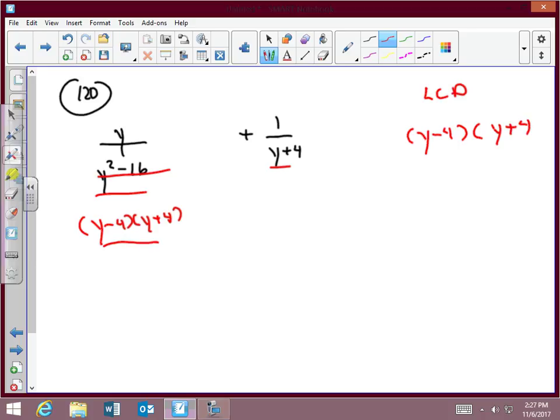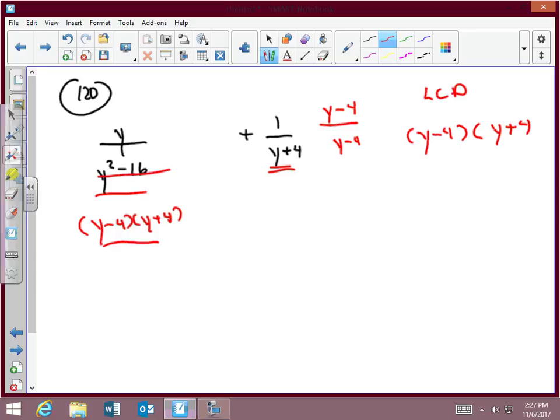Now, do I have to do anything with this denominator? It has y minus 4, y plus 4 in it. Do I have to do anything with this one? What do I have to do? You have to multiply it by y minus 4? Actually, y minus 4.